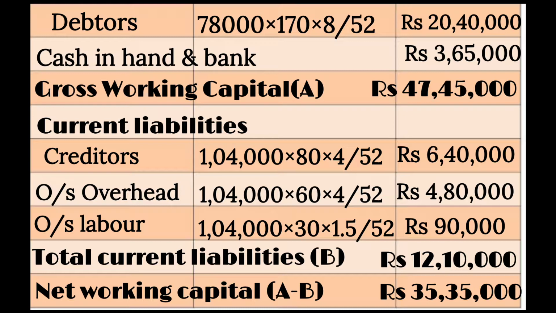It gives us rupees 35,35,000, and this is the net working capital requirement of the firm. And in this way we have completed our problem sum number 1. I hope you understood the calculation and formation of the statement. For better understanding of this concept, we will see problem sum number 2.